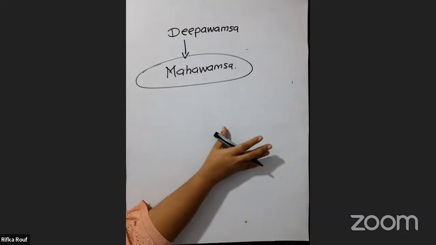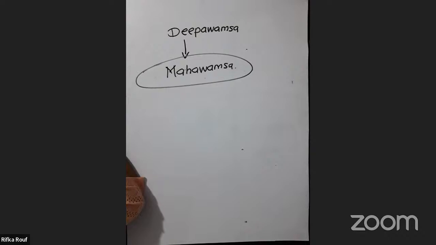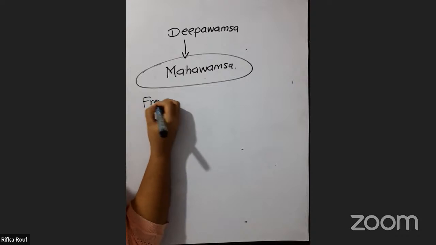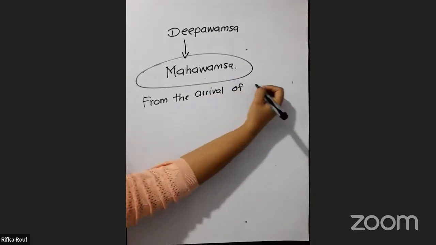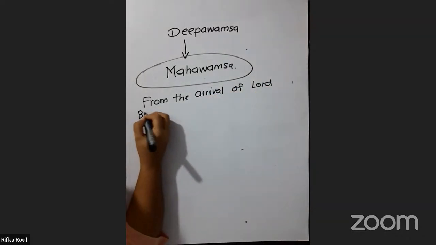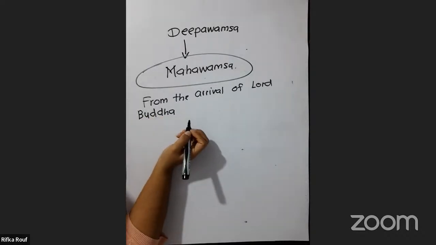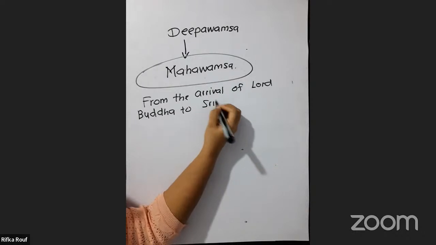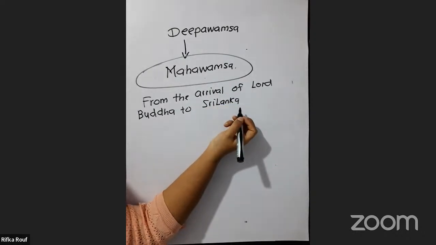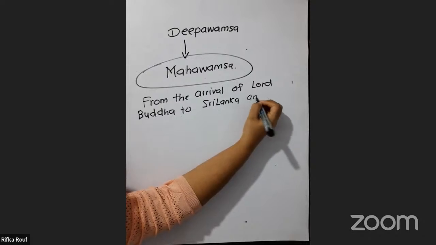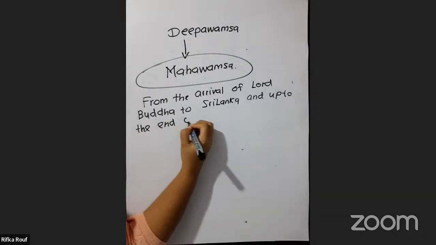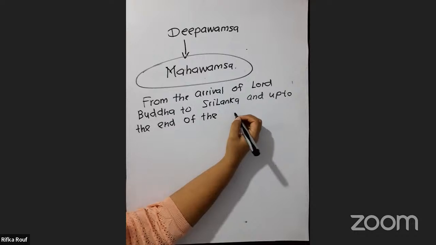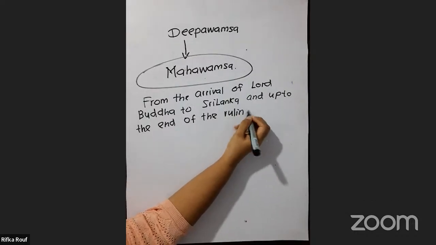In that, the first part of the Mahavamsa included the information from the arrival of Lord Buddha in Sri Lanka, up to the end of the ruling period of Mahasen.